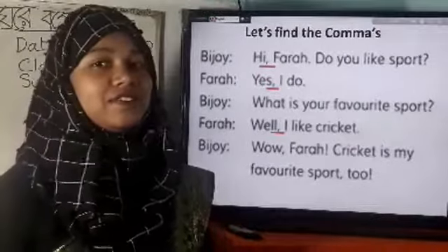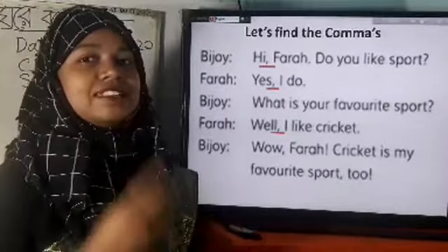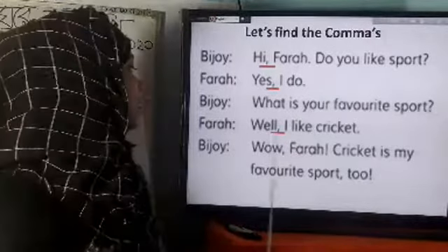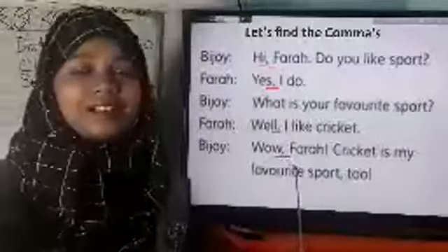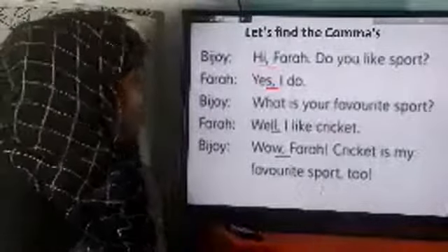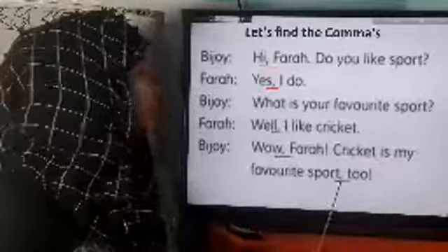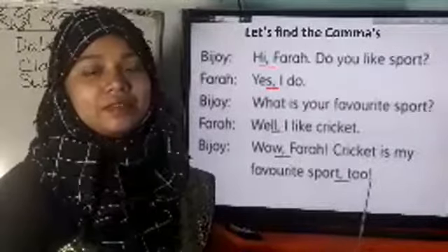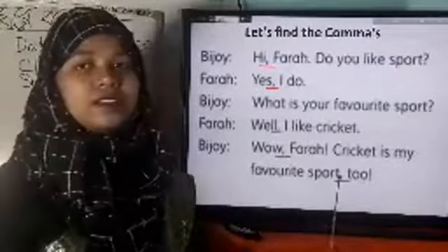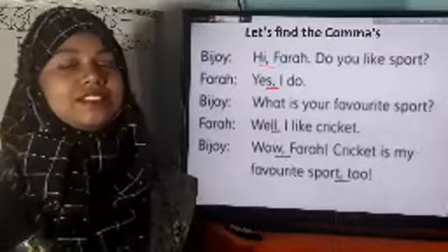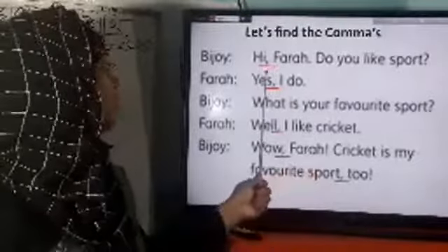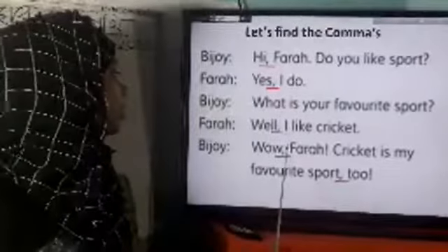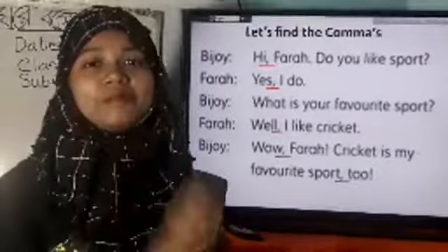Dear student, find out. Here are two commas. After wow, here is a comma, and after sport, here is also a comma. Before too, there is a comma. So dear student, in this dialogue, there are 1, 2, 3, 4 and 5 commas.